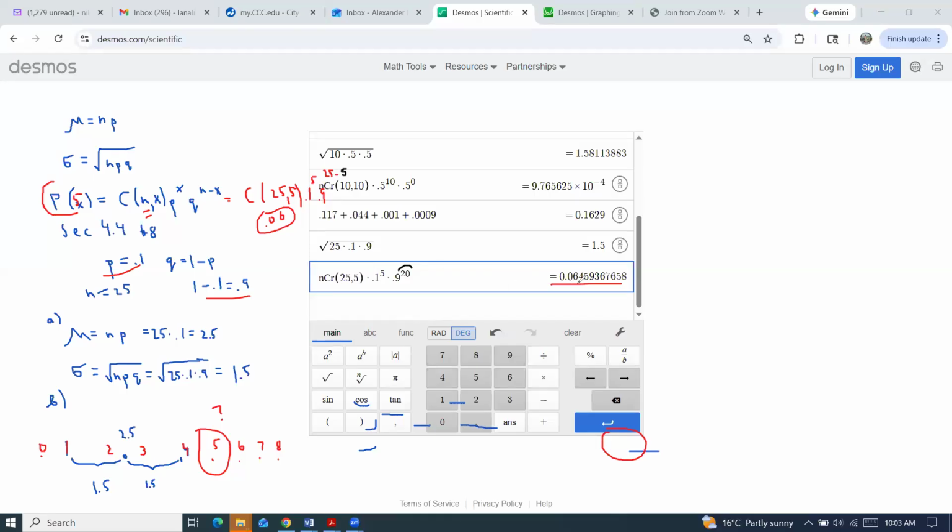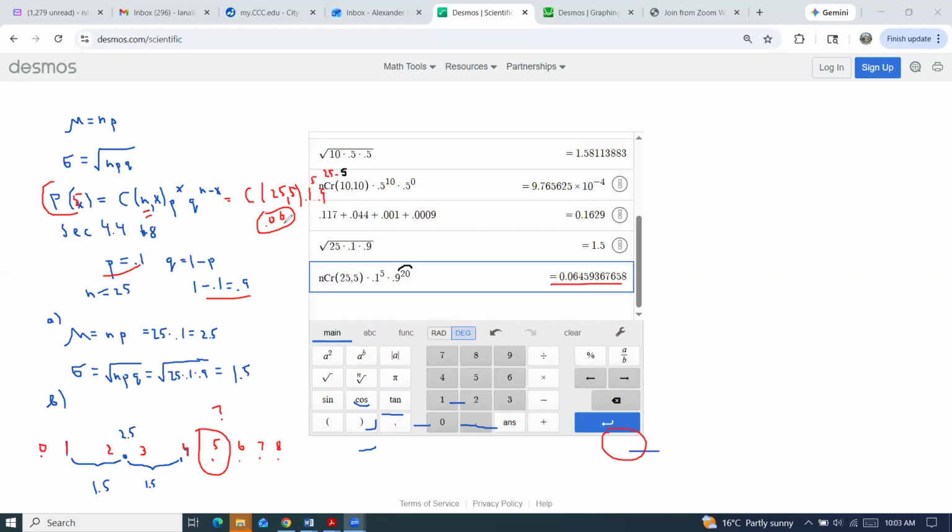When you say 6.459, we say it's about 6%, a little bit higher than that, but it is still not large enough to say that we will expect this to happen.